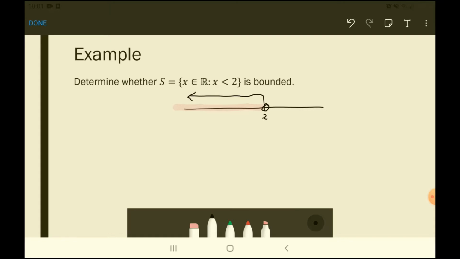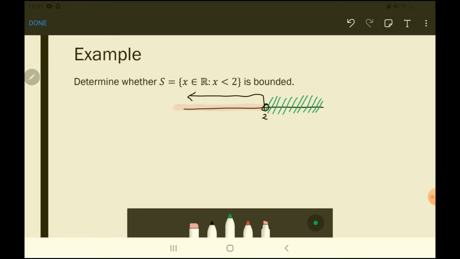So now let's look at this part. Any real number in the green area there will be an upper bound, right?